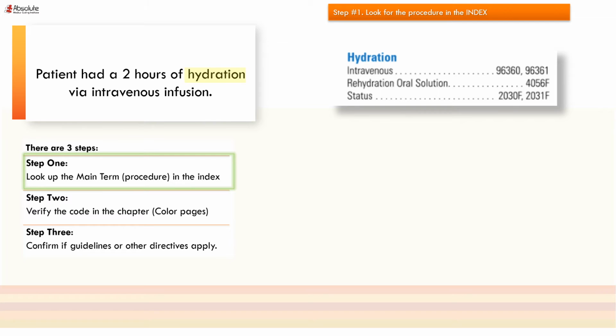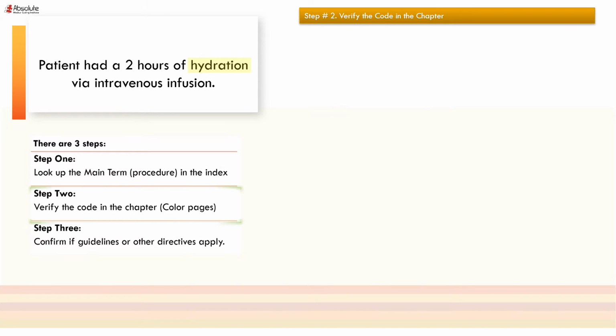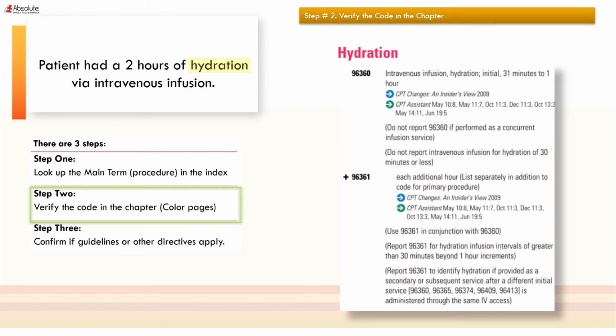So if we look up hydration and then we go down to intravenous, it's directing us to code 96360 and 96361. I think I said that backwards. 96360, 96361. All right, you know what I meant. Okay, so let's go ahead to step 2 and verify the code in the chapter.